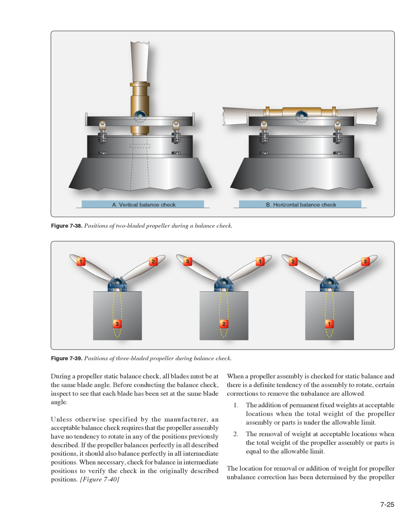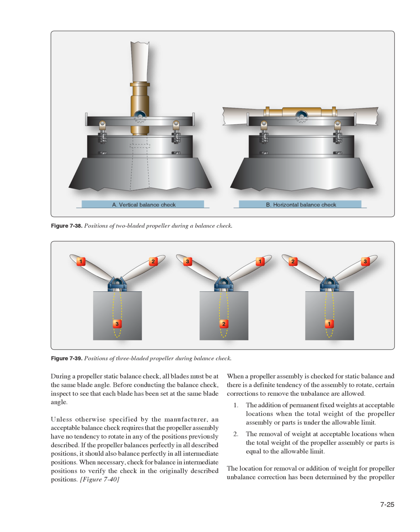Figure 740. When a propeller assembly is checked for static balance and there is a definite tendency of the assembly to rotate, certain corrections to remove the unbalance are allowed. 1. The addition of permanent fixed weights at acceptable locations when the total weight of the propeller assembly or parts is under the allowable limit. 2. The removal of weight at acceptable locations when the total weight of the propeller assembly or parts is equal to the allowable limit.